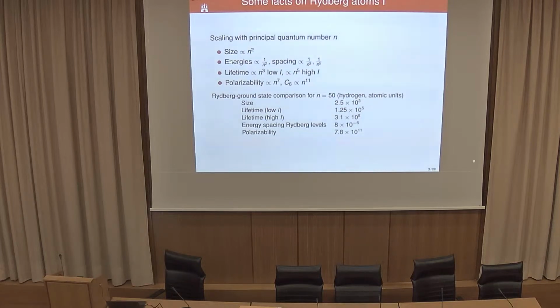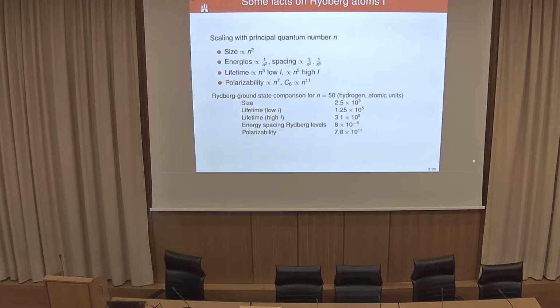If you go up, the energy spacing becomes smaller, 1 over n to the third or 1 over n to the 5, depending on the angular momentum, generally 1 over n squared. The spacing becomes very narrow, and you get lots of states per energy unit. Energy level density rises correspondingly. Now, all of these are metastable states.